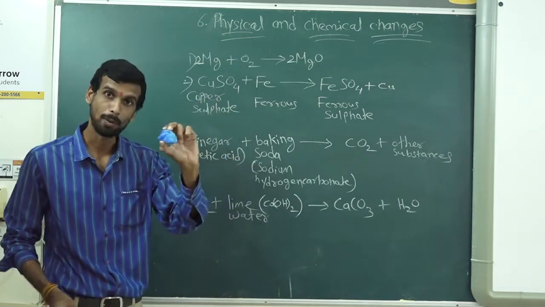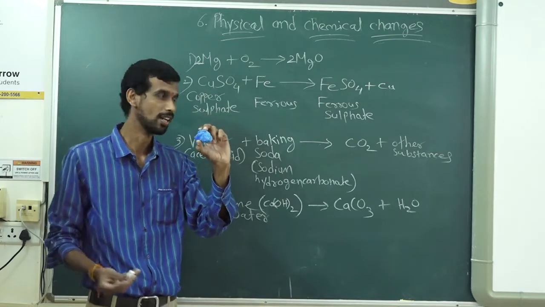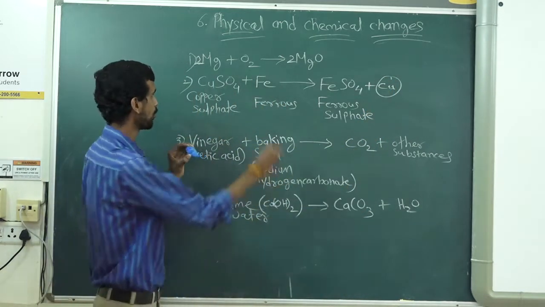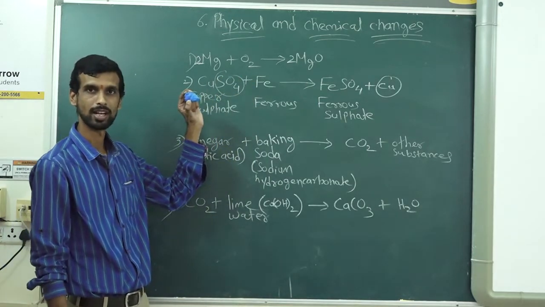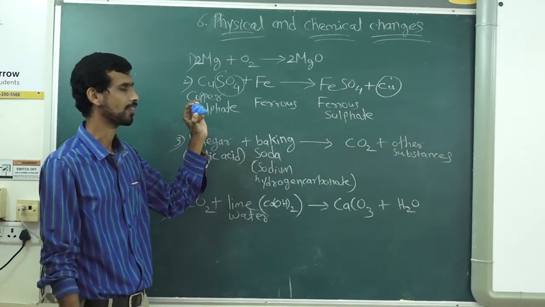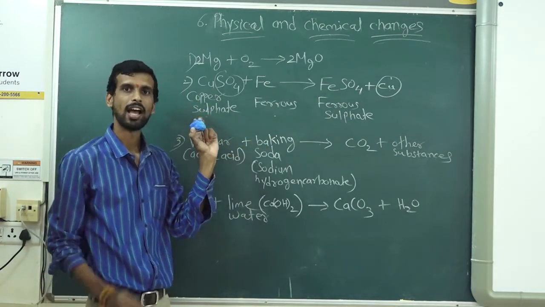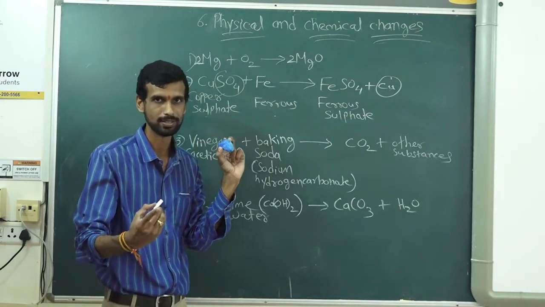But when the same copper, this is the magic of chemistry, this is the magic of nature, is present along with sulfate, its color is blue. Right? And what have we done? We made the copper sulfate solution, then we added iron in it. After some time, the change happened.